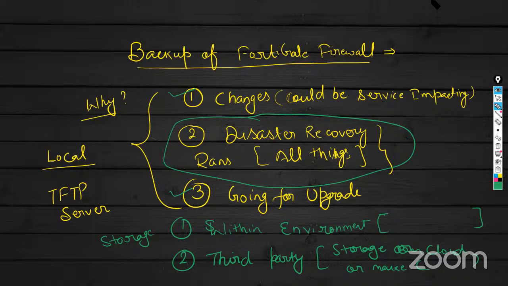It's not a 100% guarantee that your third party is safe, but the chances are very low that both of you get impacted, like your organization getting a malicious ransomware attack and the other one also getting it. The chances of that are very low. So these are the two things: first, how to take backup and why, and then if you store your backup, where you store it.